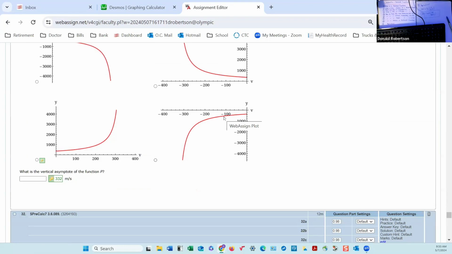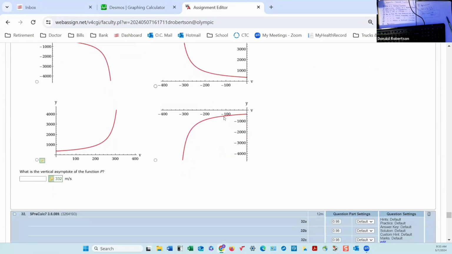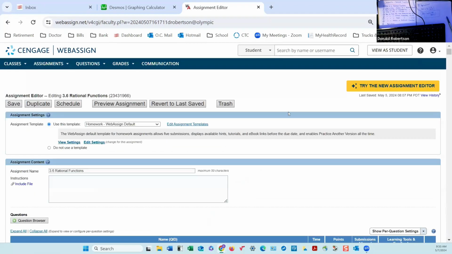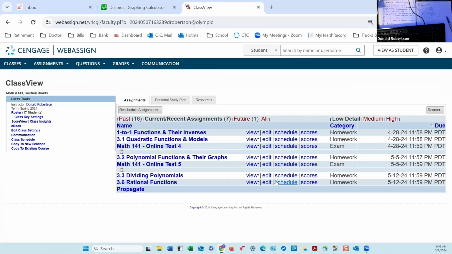It's 332. I typed in 332. I did. Okay, so I was right all along, yet it never accepted it. That is kind of weird. Right, I'm going to go back in and try 332 one more time. I'll go in as a student.